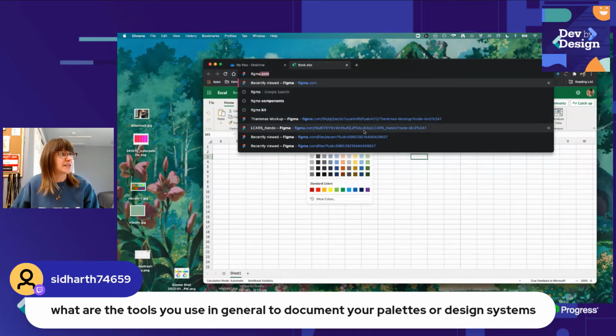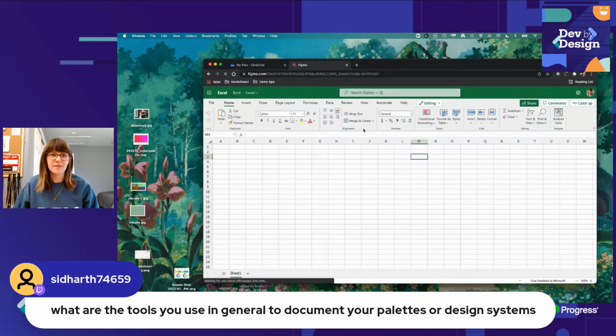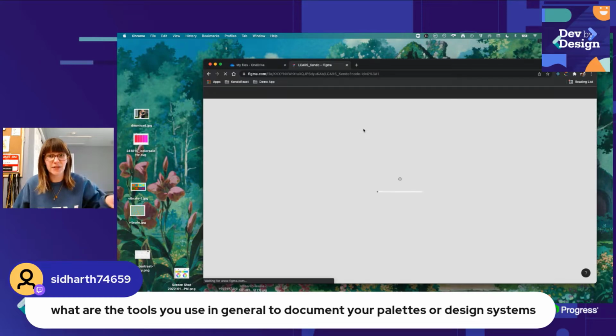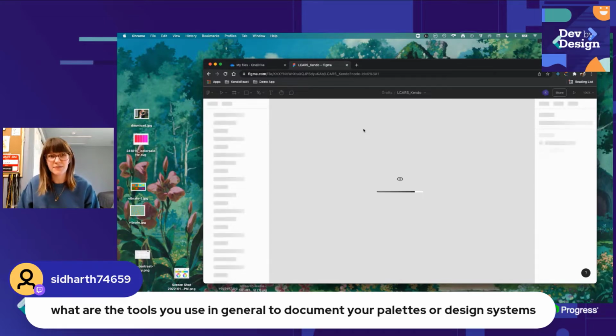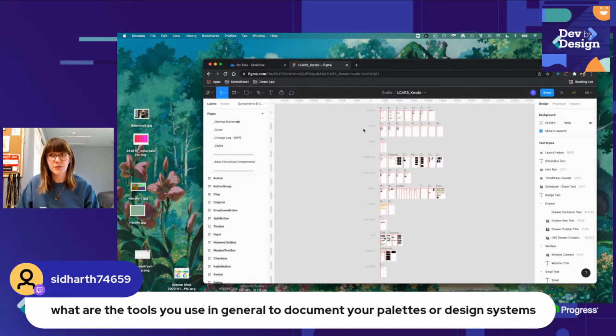I like a combination of Figma for the purely design side, for palettes, for layouts, whatever. And I like Storybook on the development side for component documentation. And some of those overlap. There's a really good Storybook plugin that lets you add your design tokens, your colors, your spacing and your fonts and all of that. And it was really, really handy.